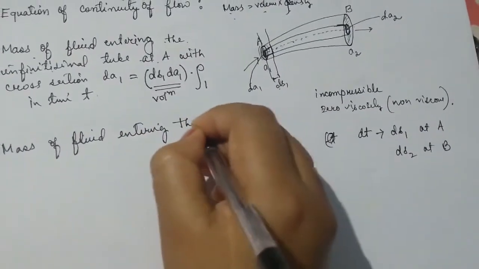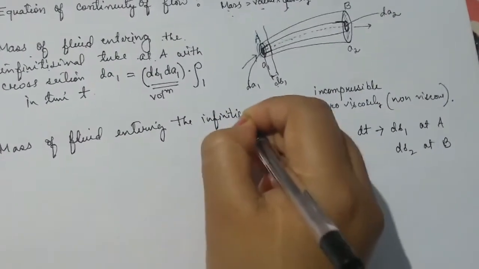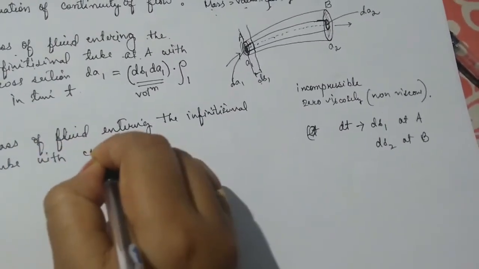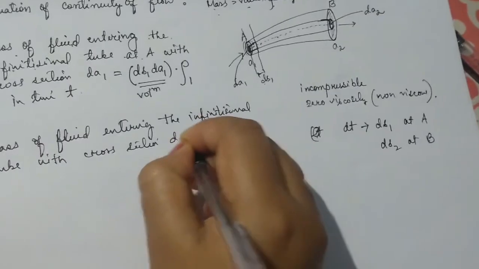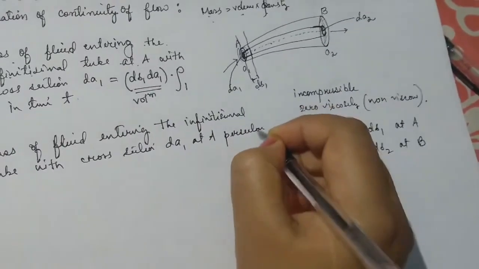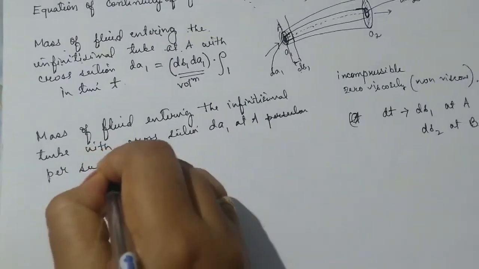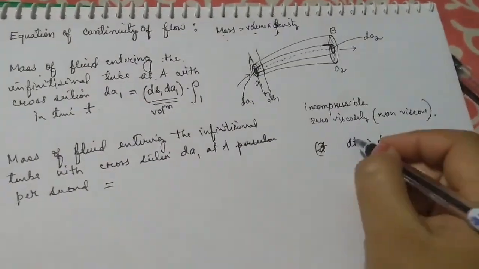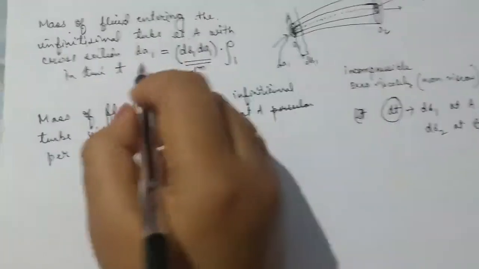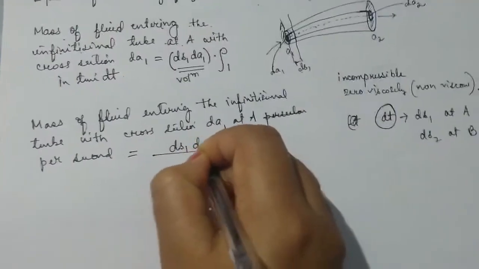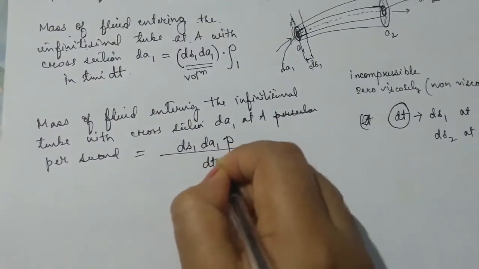So the mass of fluid entering the infinitesimal tube with cross section dA1 at A per second is equal to, see, this entered in time dt, so it will be ds1 dA1 rho1 by dt.